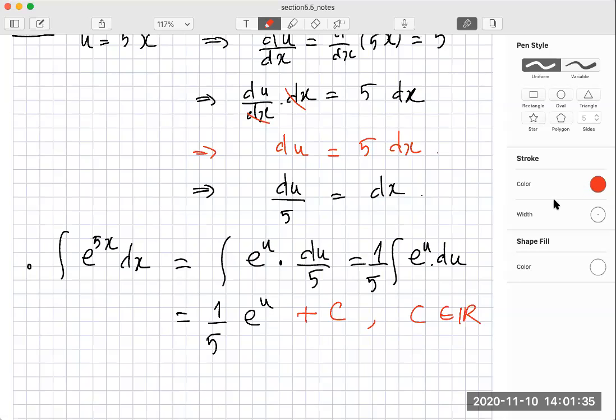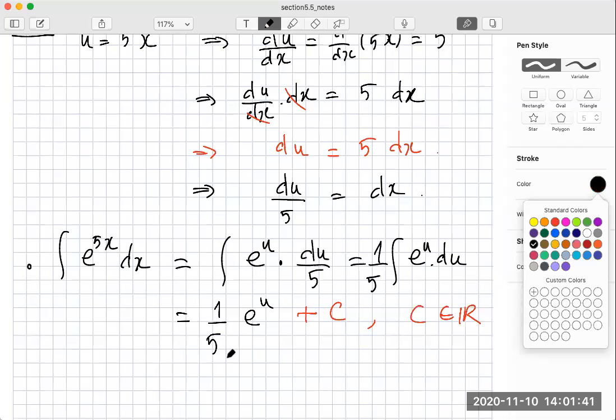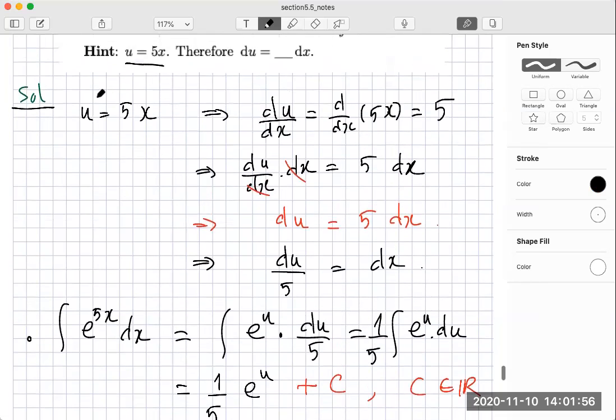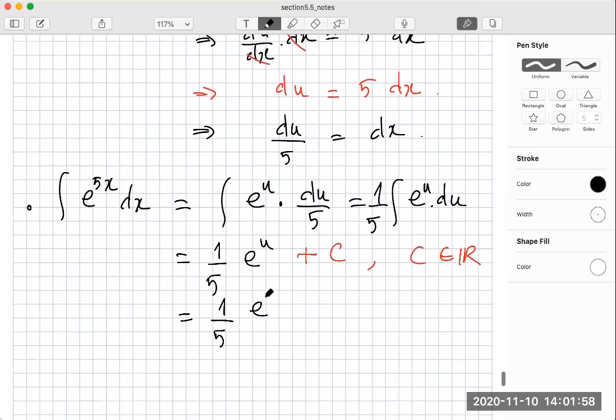So we found the antiderivative in terms of u, but what we need to do is to find the antiderivative in terms of x here, which means it becomes 1/5 e to the 5x, remember, yeah, be careful.